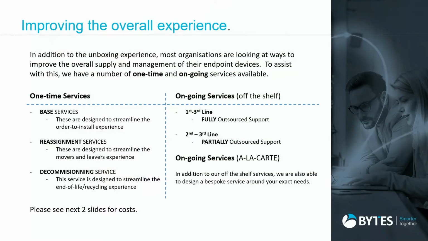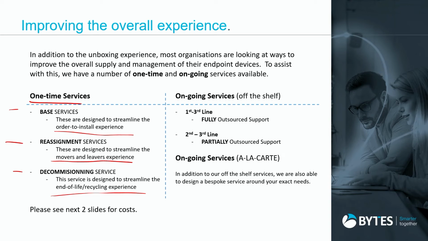You have got both one-time services and ongoing services offered by Bytes. One-time services include base-level services that are designed to streamline the order to install experience, reassignment services to streamline the movers and leavers experience, and of course those decommissioning services that are designed to streamline the end of life of your device within the organization.